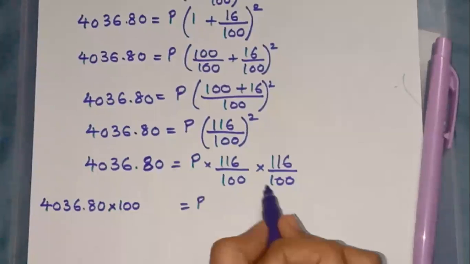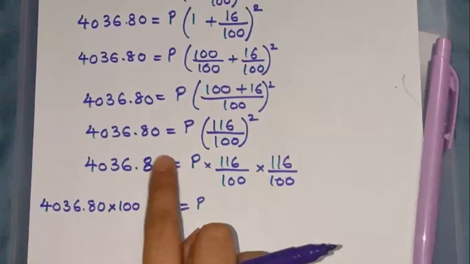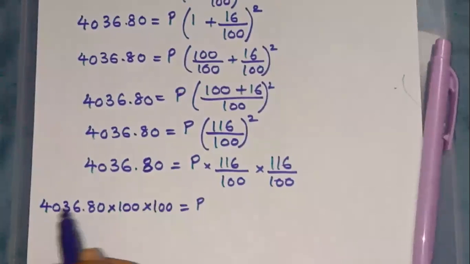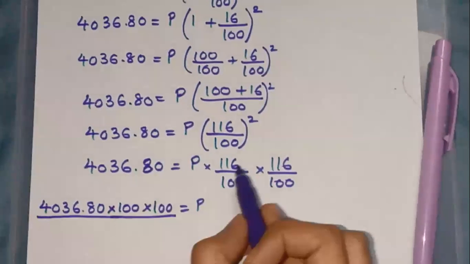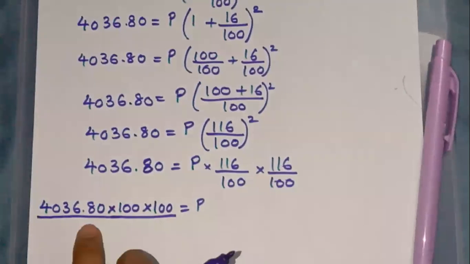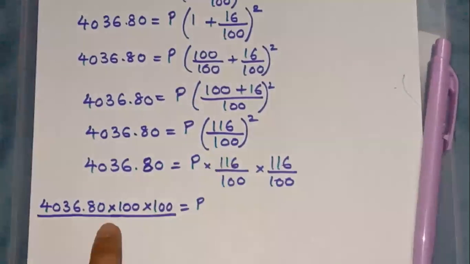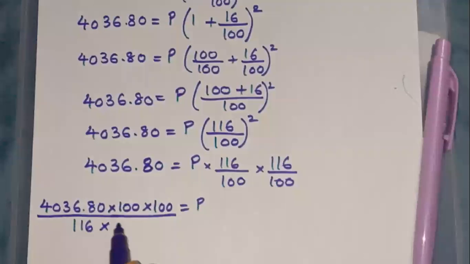Now I am left with another 100. Now this 100 is also going to go in the numerator. We will put a division sign. Now with the division sign, these numbers will go from the numerator to the denominator. So I am going to write 116 multiplied by 116.